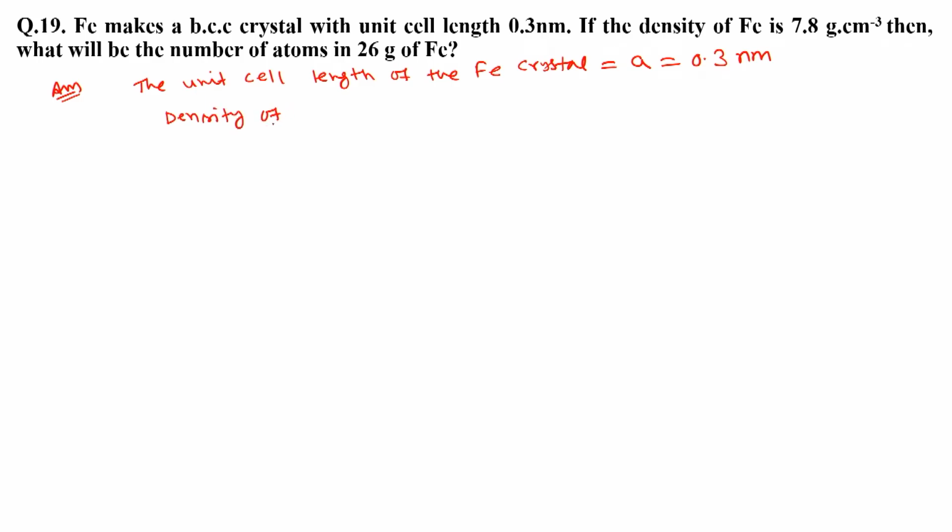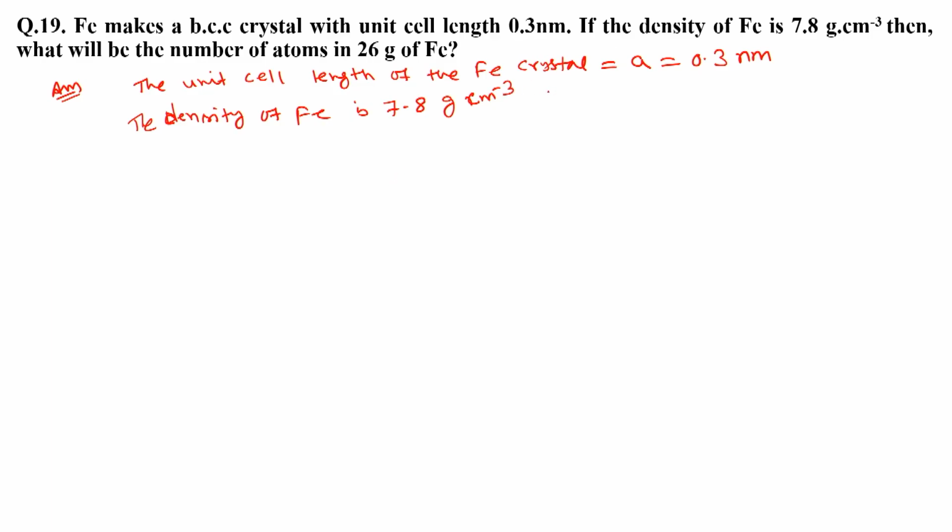The density of Fe is 7.8 grams per centimeter cube.